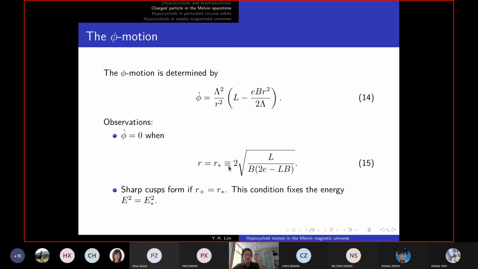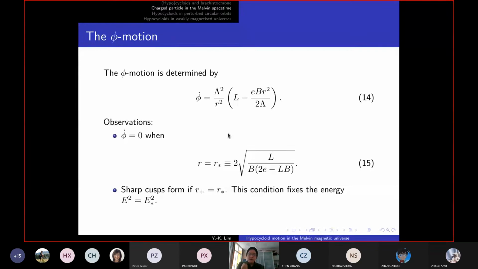This is where phi dot becomes 0. So phi dot can go anywhere from positive to 0 to negative. If it changes from positive to negative, maybe it will change to positive again. These are the important features I want for the phi dot motion.